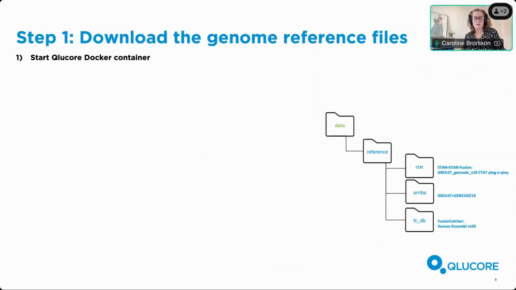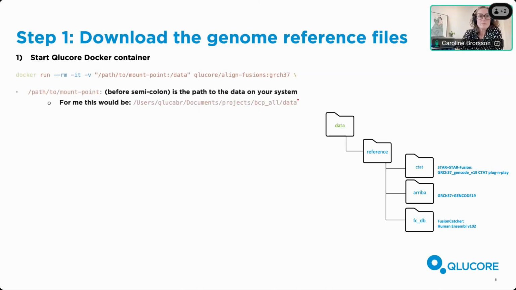But here is a more detailed view of what's going on when we run these scripts. As I said, you should start the Docker container. In this line, you can see that the path to the mount point, which is before the semicolon, is the path to where the data is on your system.